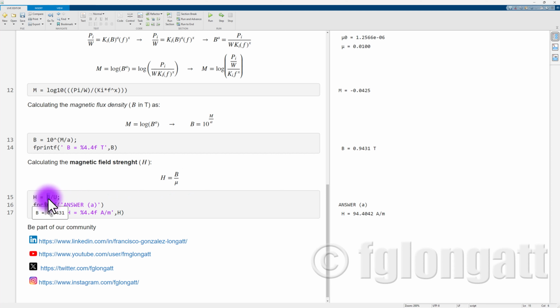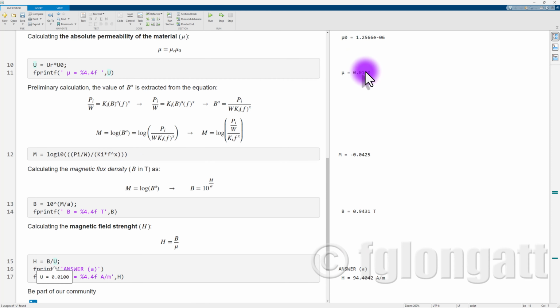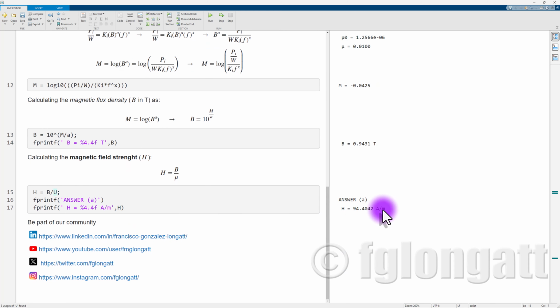In other words, we divide 0.9431 Tesla by the absolute permeability that we already calculated before, 0.01. So we obtain our result or answer, H equal 94.4042 amps per meter.